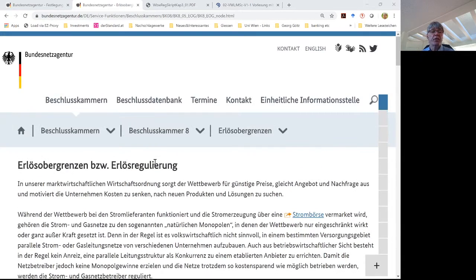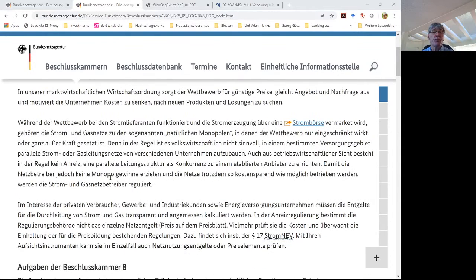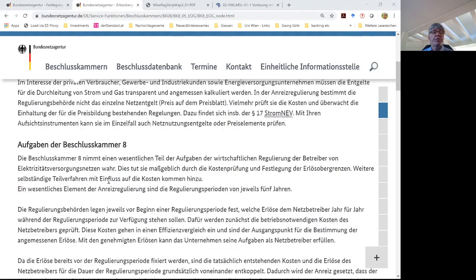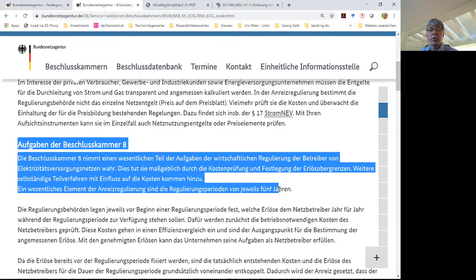They decide on Erlösobergrenzen, which would be revenue cap regulation. They have a very nice description of what this means and what regulation is about at all. The important thing I want to highlight here is what the task of Beschlusskammer 8 is, and this is what is written here.